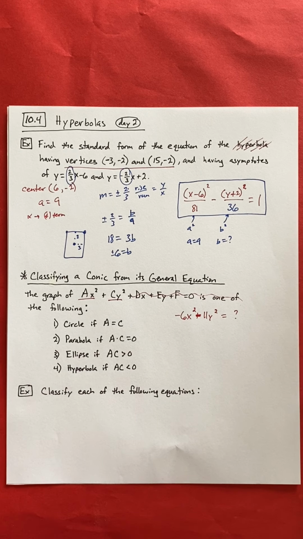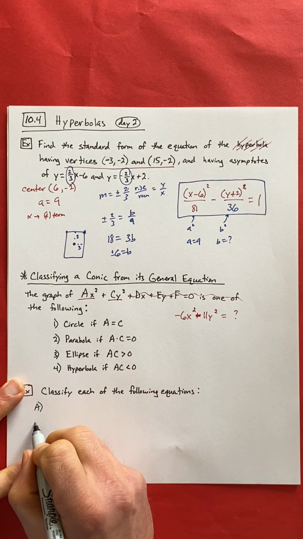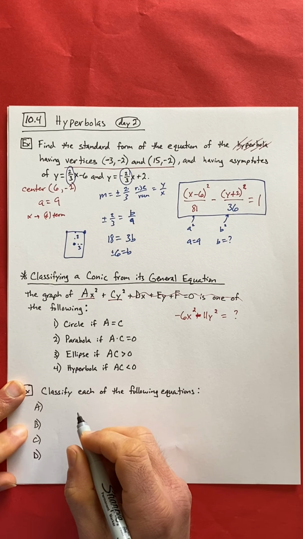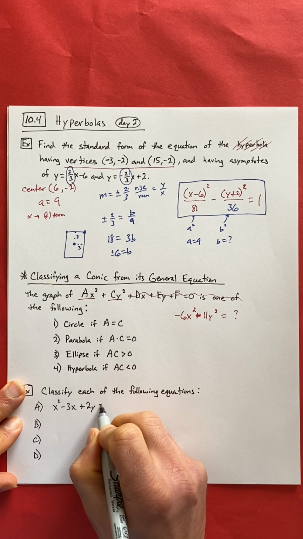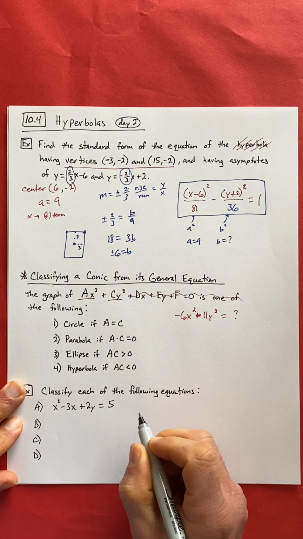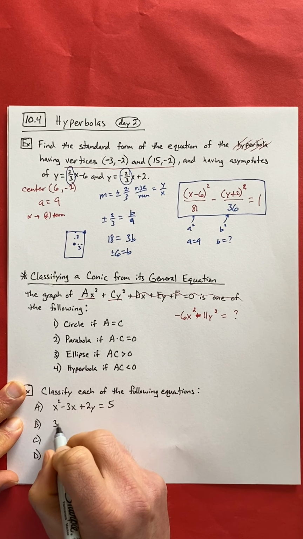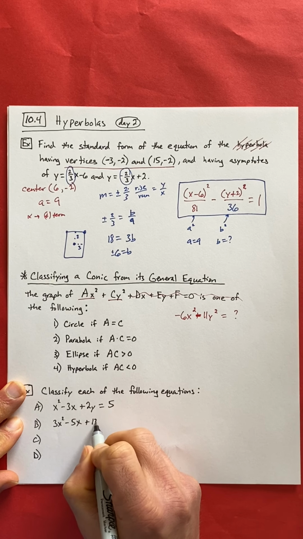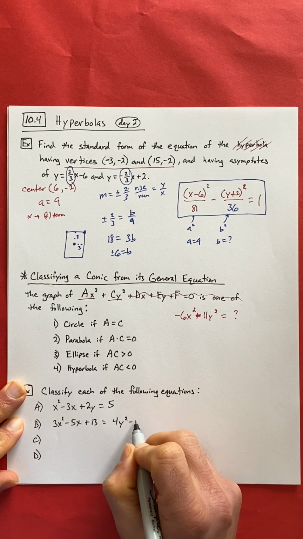So this next example is going to ask us to classify a couple, and I'm just going to write down a few of them. So I'll quick write down 4 of them, and then we can go through and figure out which one is which. So for letter A, I'm going to say x squared minus 3x plus 2y is equal to 5. For letter B, 3x squared minus 5x plus 13 is equal to 4y squared minus 7.